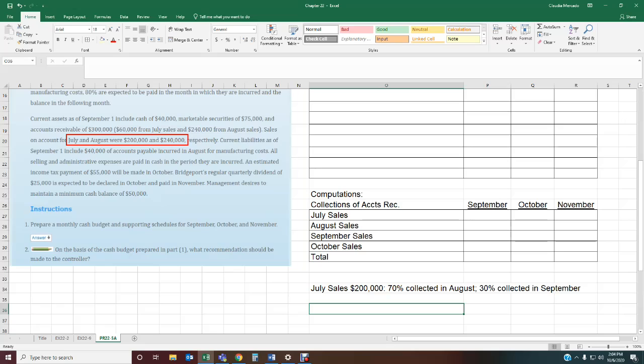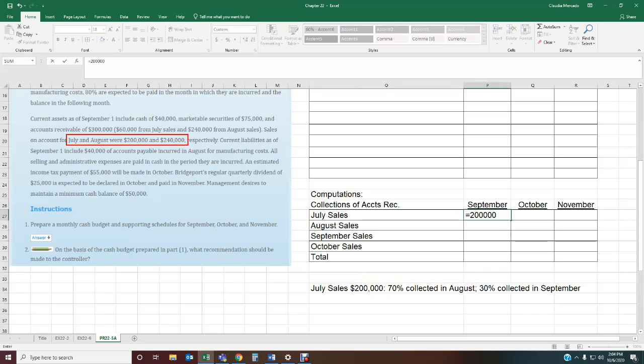I am only interested in how much I am going to collect in September, October, and November. For my July sales, I know that I'm going to collect 30% of my $200,000 sales in September. That gives me $60,000.